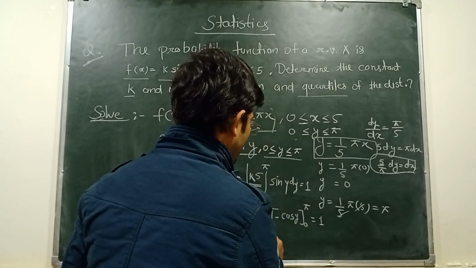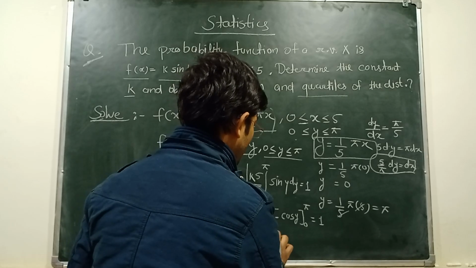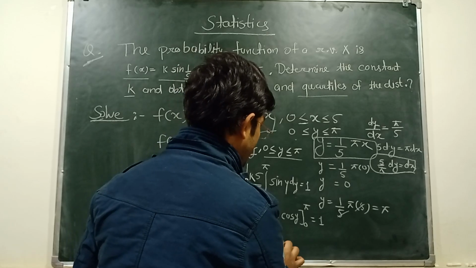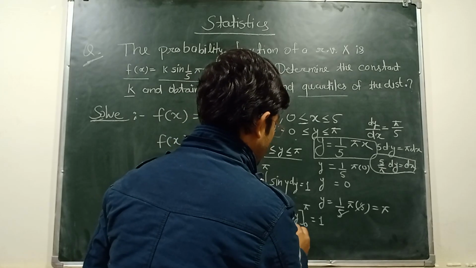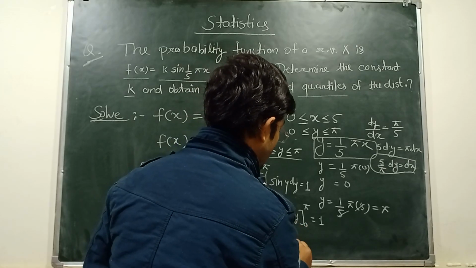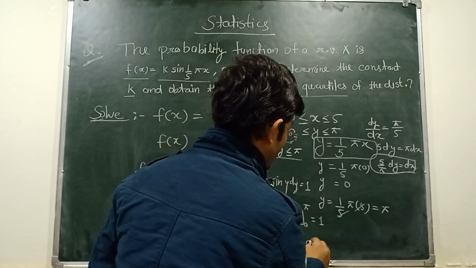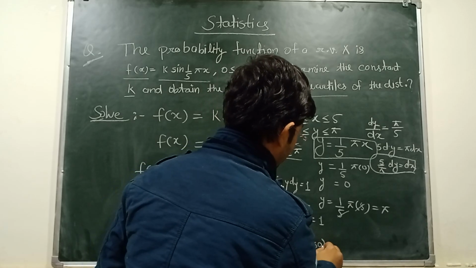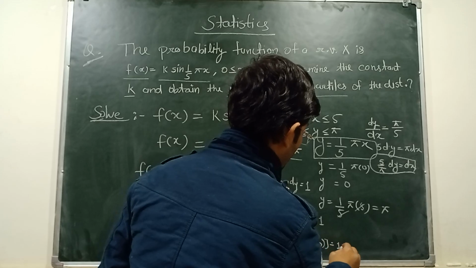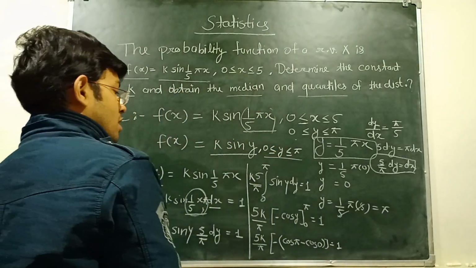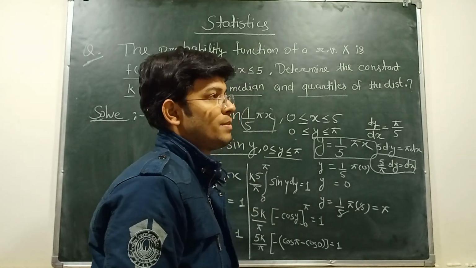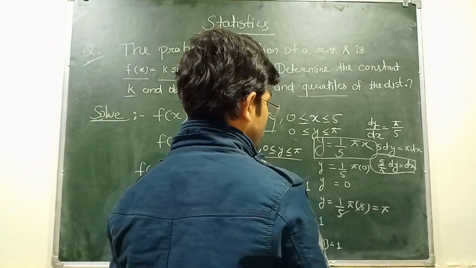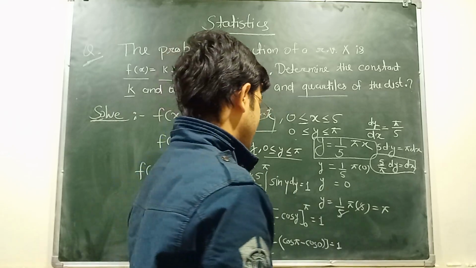And now we put the values of the limits: minus cos π minus cos 0 is equal to 1. So cos π is equal to minus 1 and cos 0 is equal to 1.